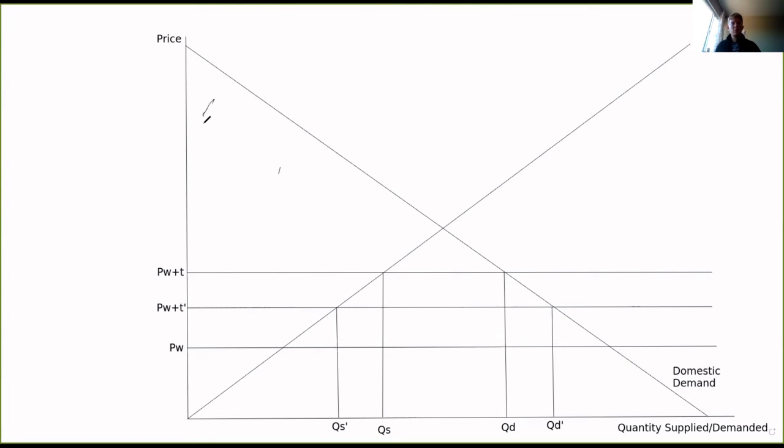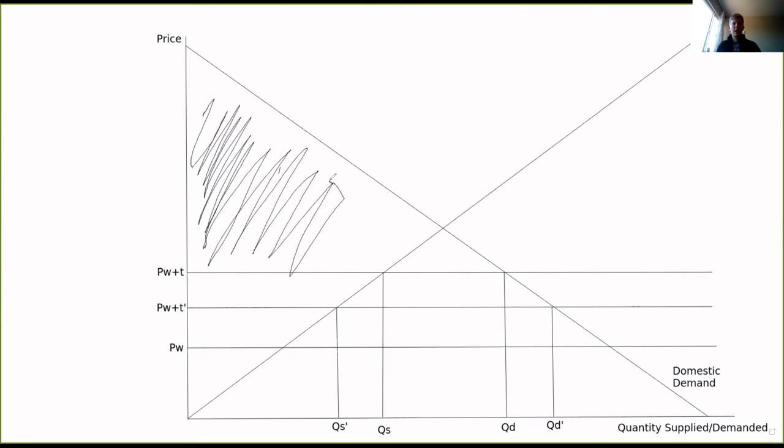at first, let's consider the situation of consumers. Initially, consumer surplus was given by this shaded triangle right here. Now the consumers can consume at a lower price, given by P world price plus T prime.